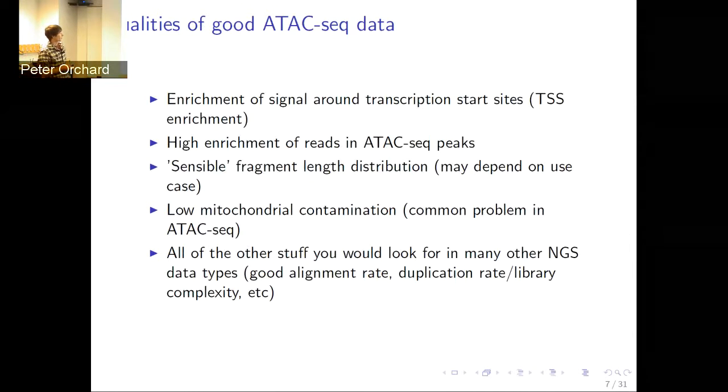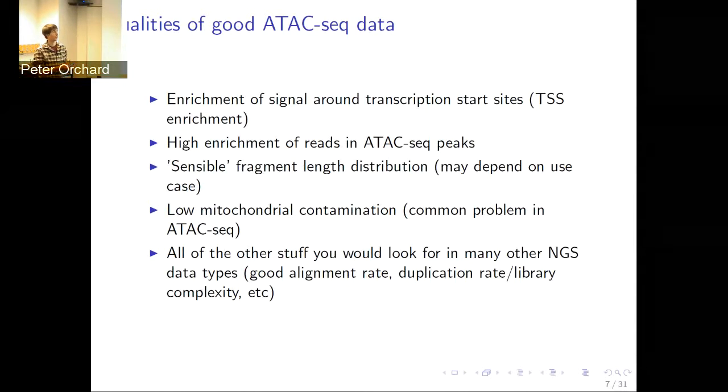So now that you know how ATAC-seq works, you can think about some of the characteristics you would expect a good ATAC-seq data set to show. One that everyone always looks for is the enrichment of ATAC signal around transcription start sites. Like in that example gene I showed you earlier, many gene promoters will be open, and therefore you expect much of your signal to come from near gene promoters.